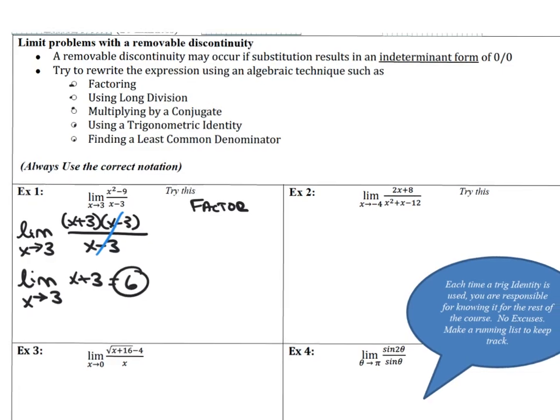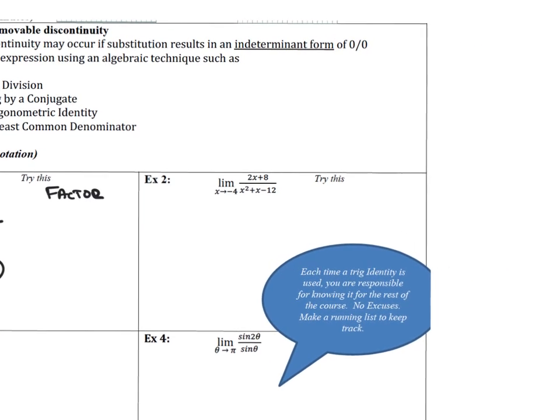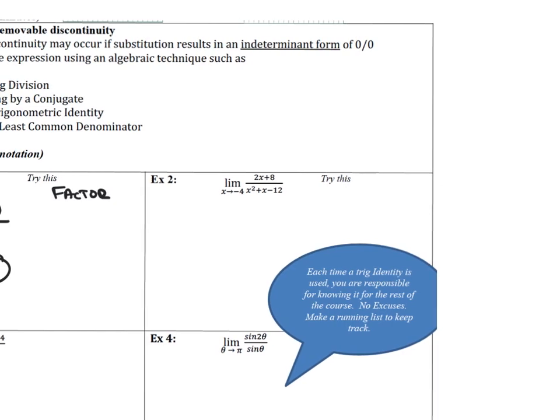In the second example, again, we're going to substitute first. If we plug in -4, we do end up with an indeterminate form because we have 0 in the numerator and 0 in the denominator. So again, we'll factor. We're going to use our correct notation. So the limit as x approaches -4, 2 times the quantity x plus 4, and the denominator factors to x plus 4 times x minus 3.